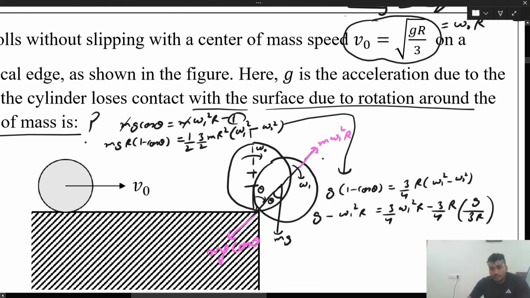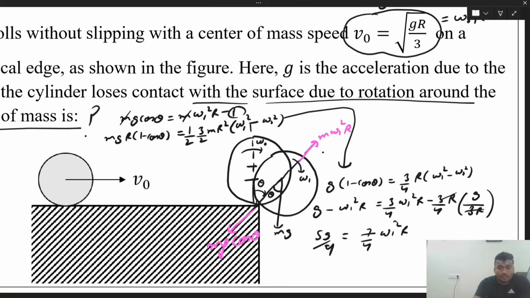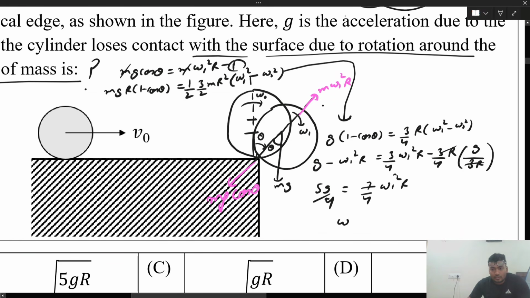I'm taking the square, then you can solve it. So this g by 4 you can take on this side, so it will become 5g by 4, and then 3 by 4 plus 1, so that is 7 by 4 omega 1 square r. Okay, then omega 1 will be root of 5 by 7 g by r.